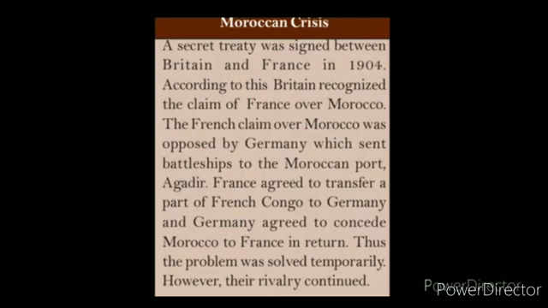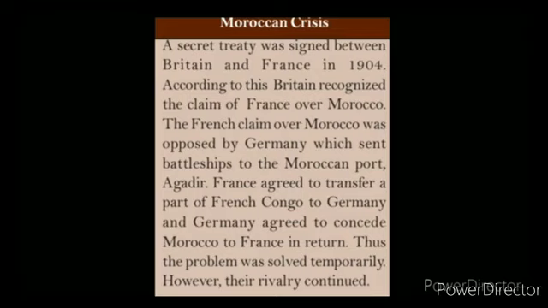The fourth point is imperialist crisis. 1. Moroccan crisis. There was a secret pact between Britain and France in 1904 which gave an opportunity to claim of France over Morocco.